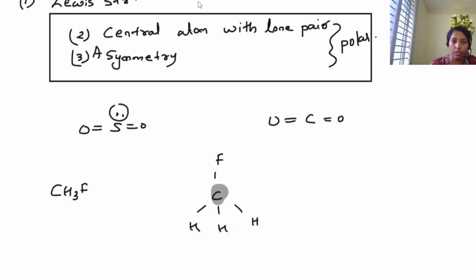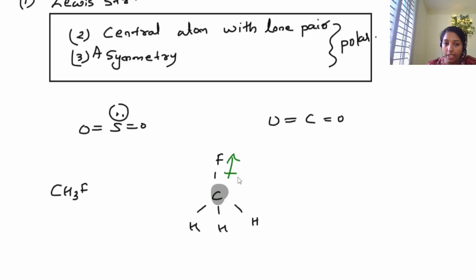No. Here what is the problem? It's asymmetric. We don't want to draw the polarity in CH4, because the CH bond is actually non-polar. So here non-polar, here non-polar, here non-polar, but fluorine is more electronegative than carbon.